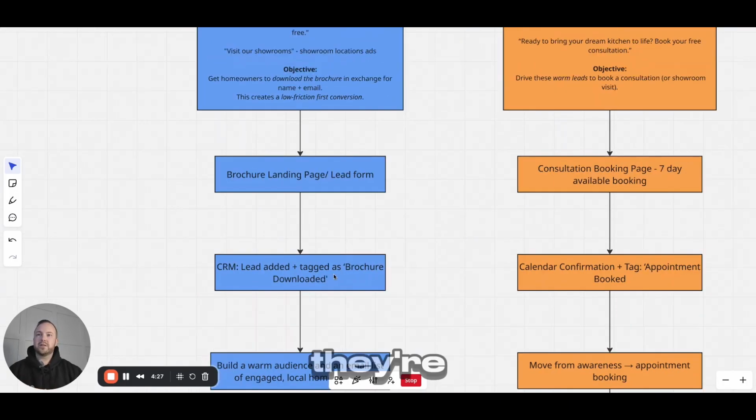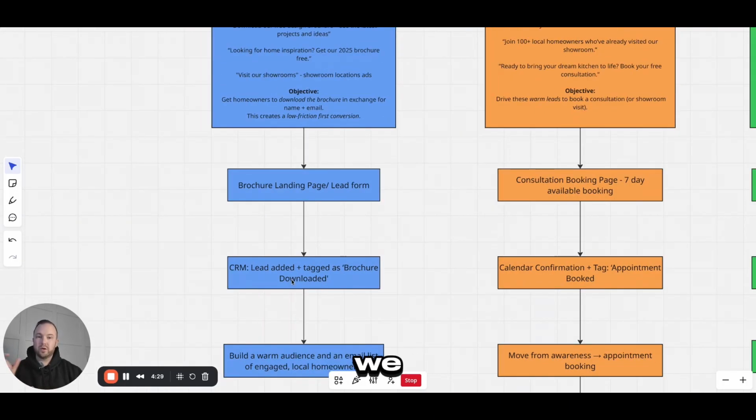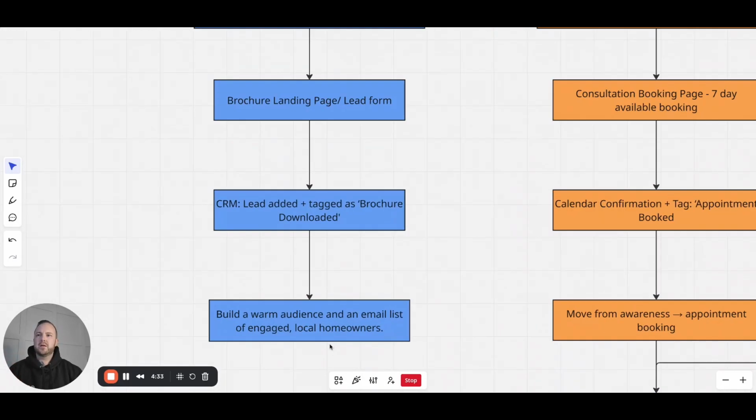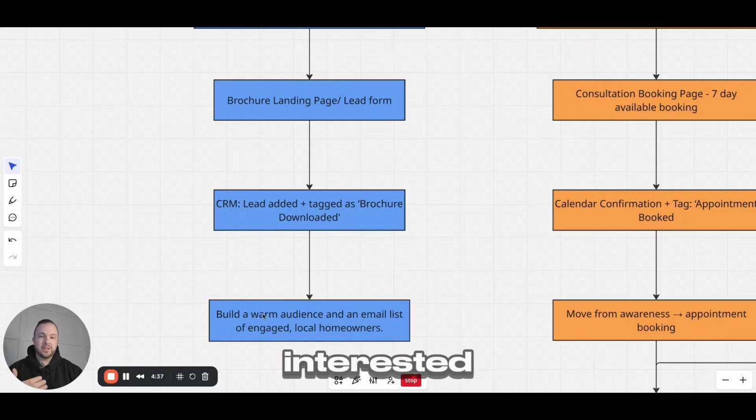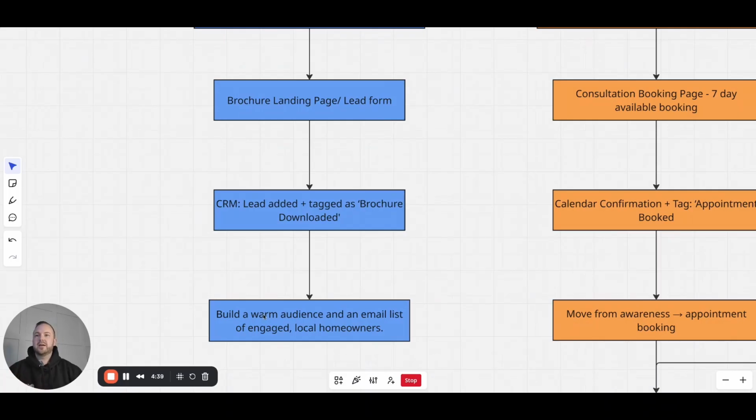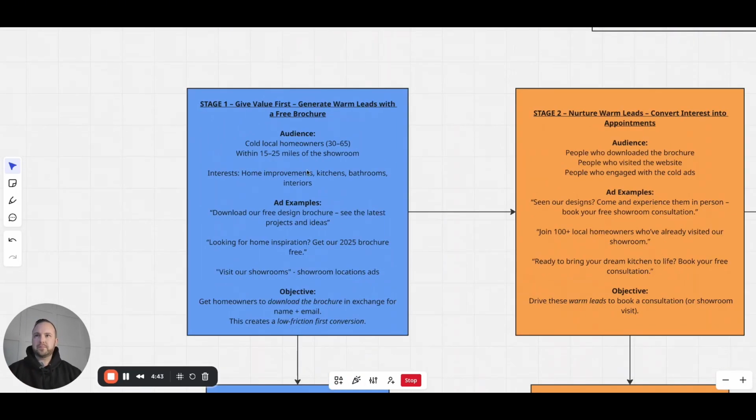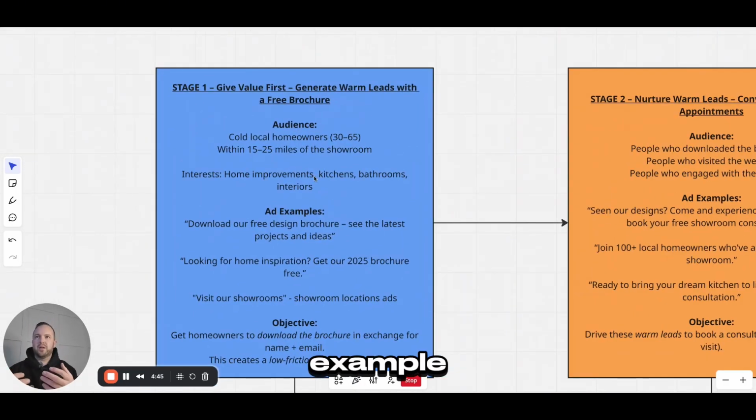In the CRM, they're tagged as brochure downloaded, so we know exactly where they've come from, what campaign they've come from. And what this allows us to do is build a warm audience of people who are interested in your service and an email list of engaged local homeowners, because this example that I've produced here is all about kitchen showrooms.